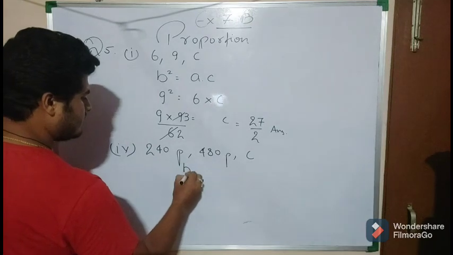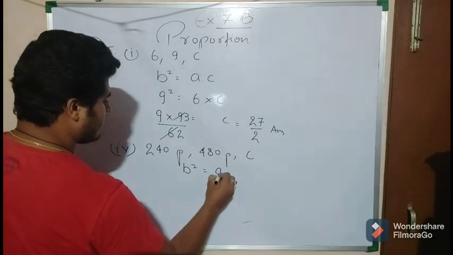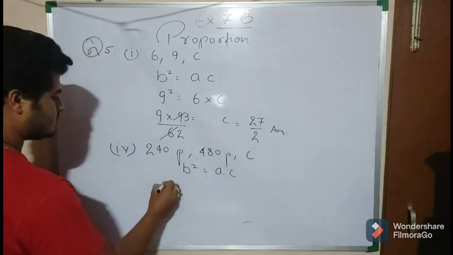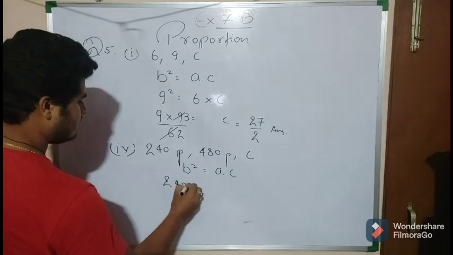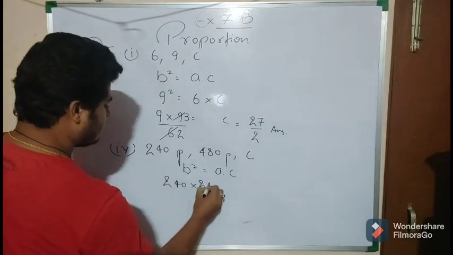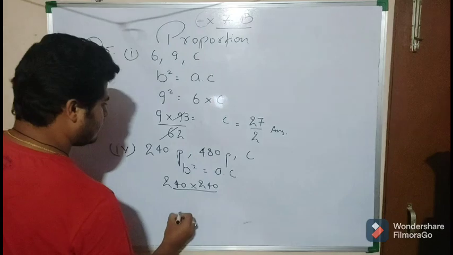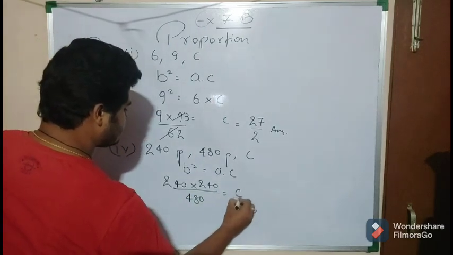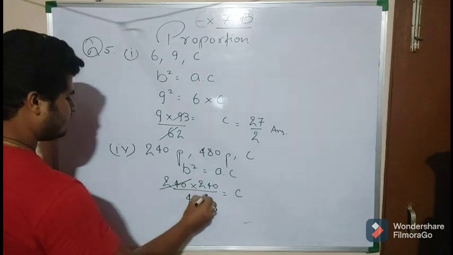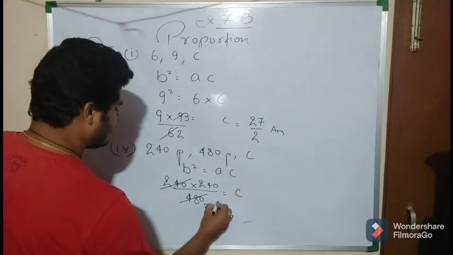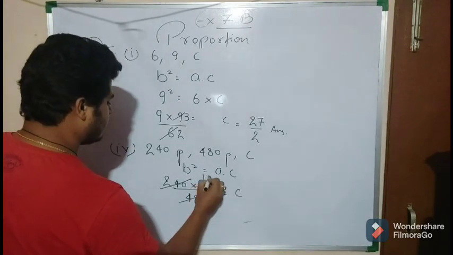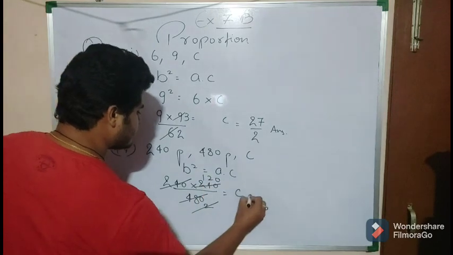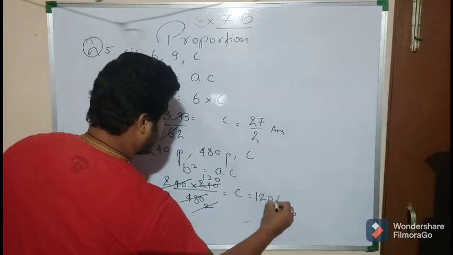So again, B square is equal to A into C. So 240 into 240 upon 480 is equal to C. 2 will cancel 480, and 2 will cancel 240 to 120. So C is 120.